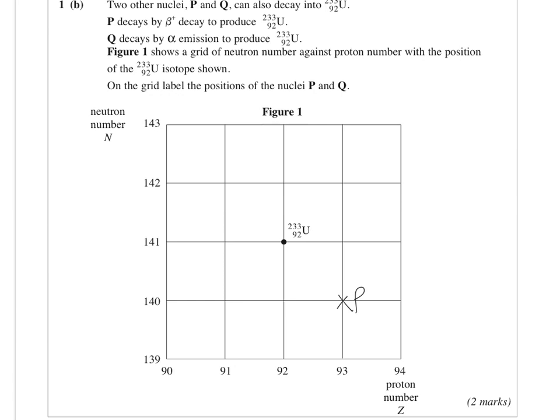During alpha, you lose 2 protons, so the proton number is going to be 94 originally, and you lose 2 neutrons, so it's going to be 143. So that means Q is going to be up here on your diagram.